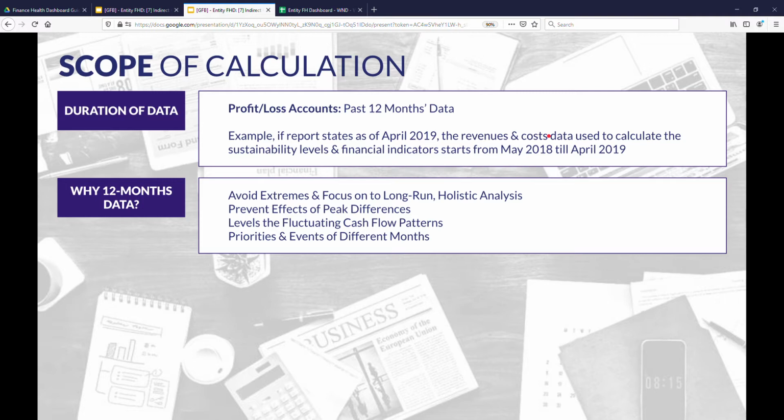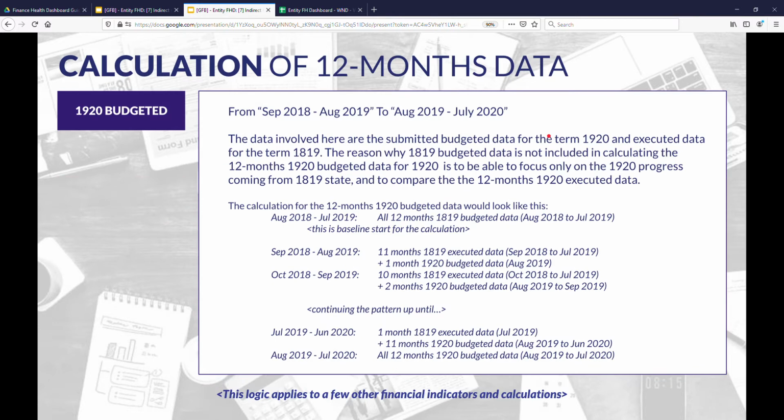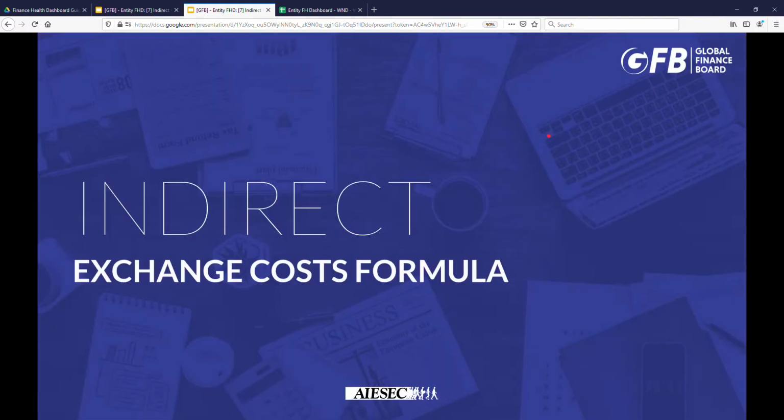Not all of them are being spent every single month, so it's better to have them as part of the sustainability levels instead. The calculation of 12 months data, you already know this: 80-19 executed, 90-20 executed, and 90-20 budgeted. If you want to learn more about this, please go to the sustainability level video and guide slide to recap it. Or you can go to either the guide or the video.